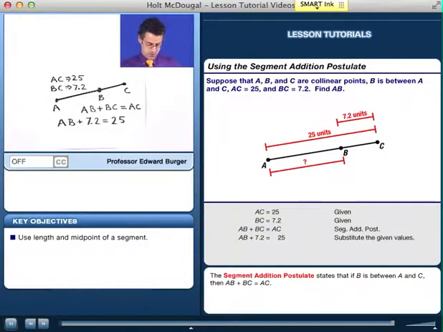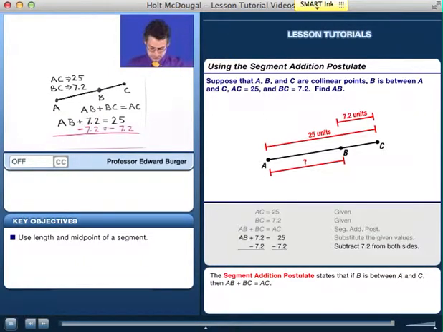So now I want to solve for AB. How do I do that? Well, I want to undo the addition of the 7.2, so I subtract 7.2 from both sides to keep the equation balanced. And when I combine, I see 7.2 minus 7.2 is 0, so I'm just left with the length of the segment AB here.